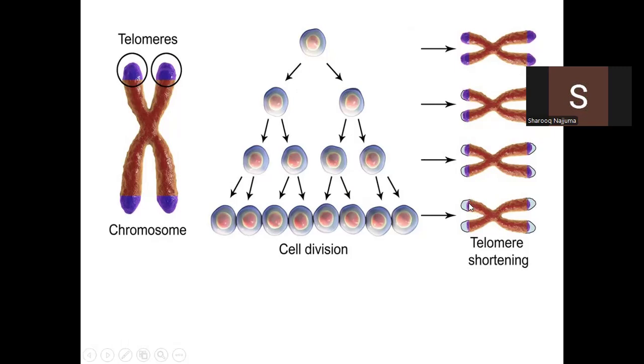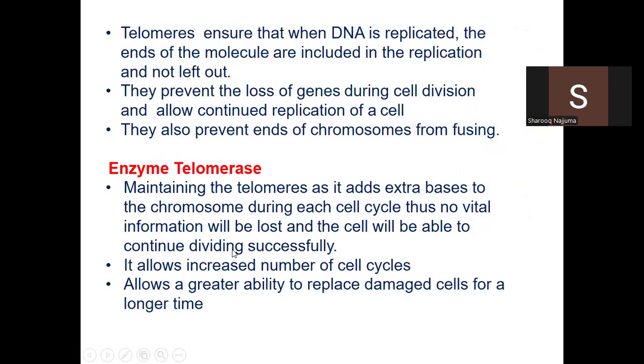So there is an enzyme known as telomerase. This enzyme is going to be responsible for topping up the telomeres. So every time a cell divides and the telomeres shorten, that enzyme is responsible for topping up those telomeres. So that is why we look at that enzyme telomerase. It's responsible for maintaining the telomeres. What does it do?